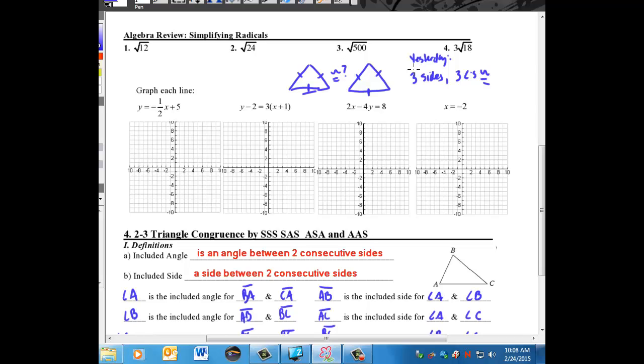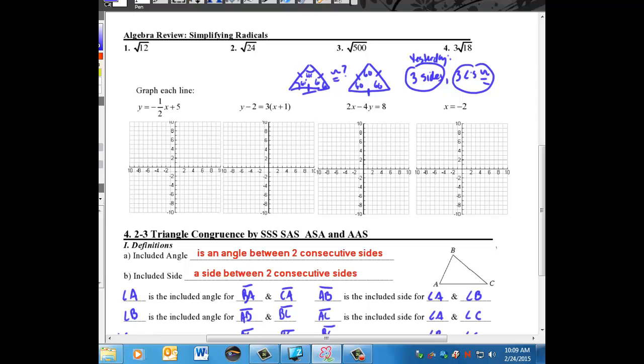Well, we know that all three sides are because they are marked. What about their angles? The answer is yes, because in an equilateral triangle, all angles are 60 degrees. So all these angles are 60, 60, 60, 60, 60, and 60. Therefore, we know that these two shapes are congruent because all sides and all angles are each congruent.